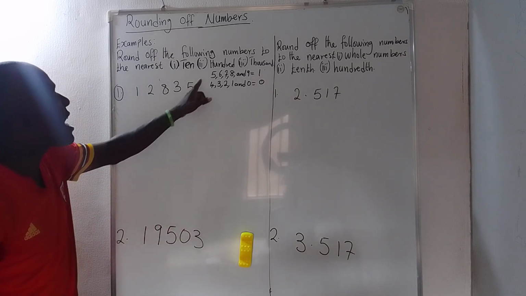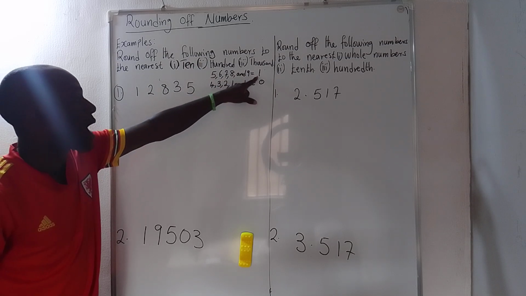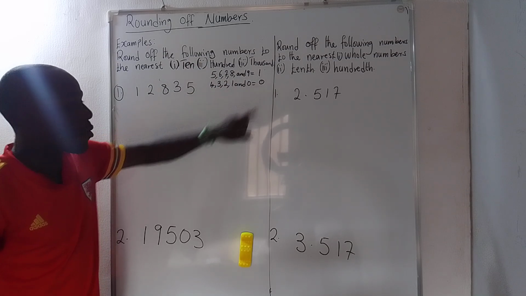So anytime a child sees any of these digits close to the number he is rounding to, you change it to 1, or to 0.